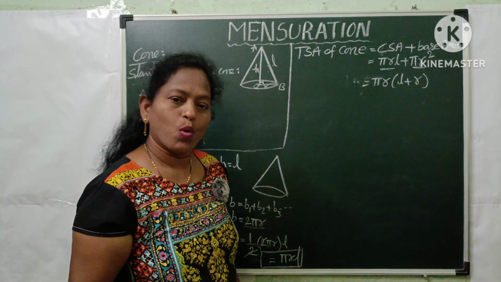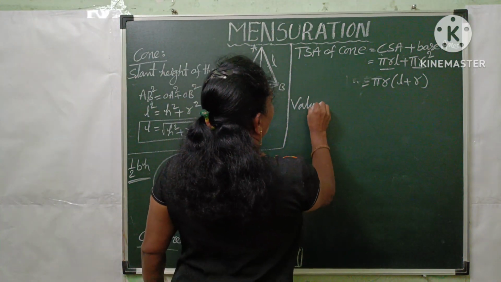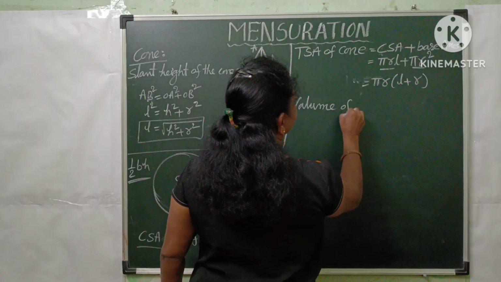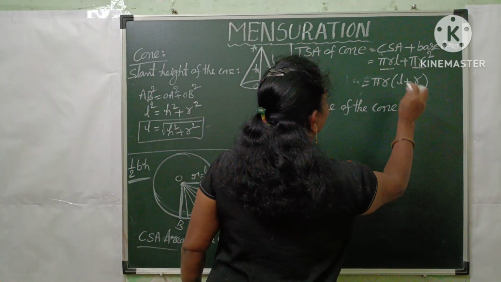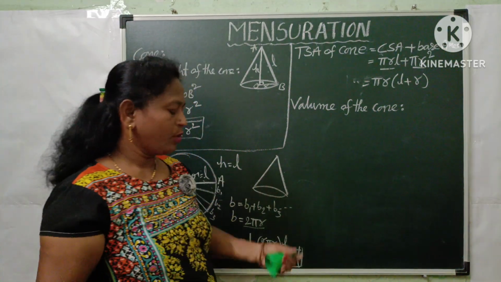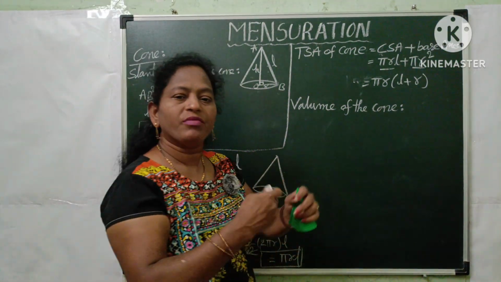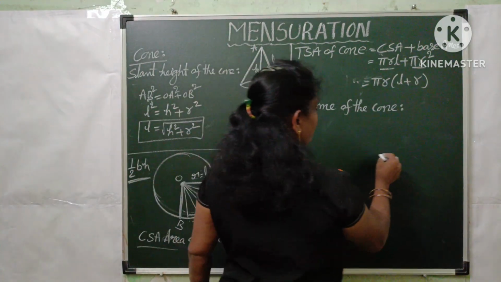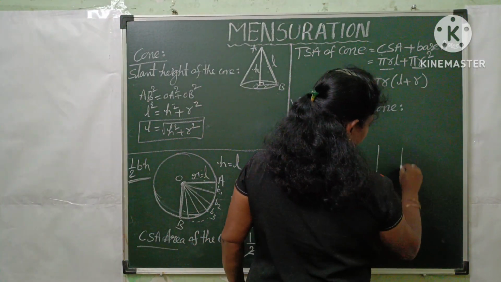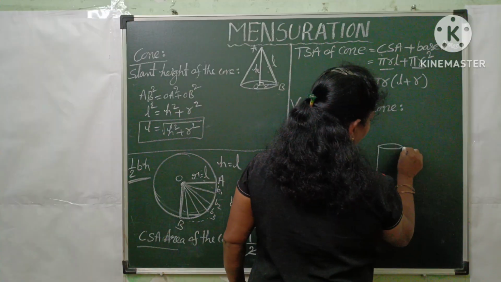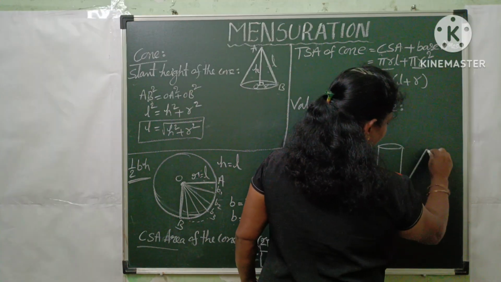Next one, volume of the cone. Here the volume of the cone is equal to 1/3 of the cylinder. 1/3 of the cylinder means, suppose this is the cylinder. This is the cone.